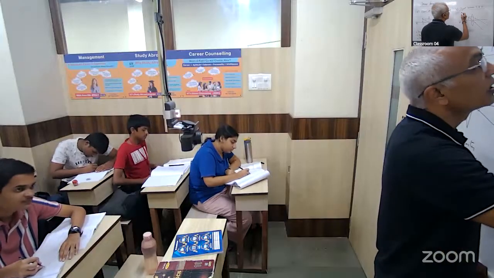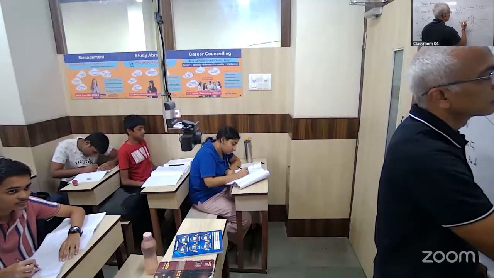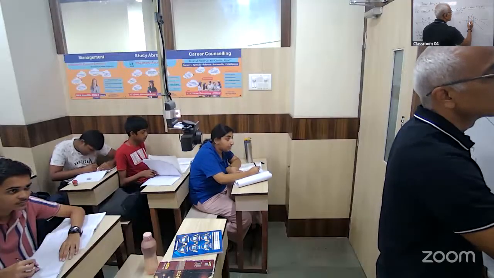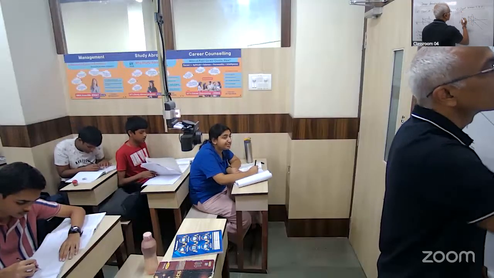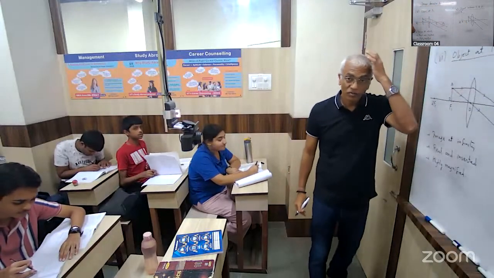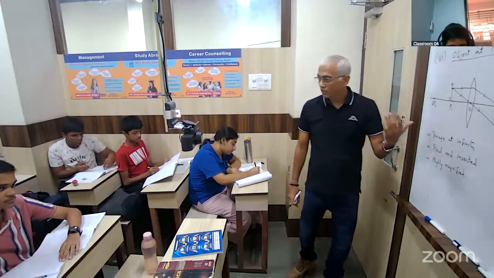Okay, they are meeting somewhere here. So this is the image position. So what is the image position here? In front of the lens, same side as object.